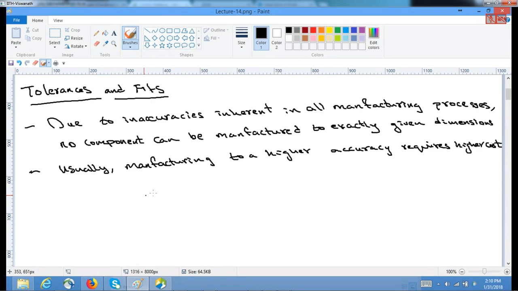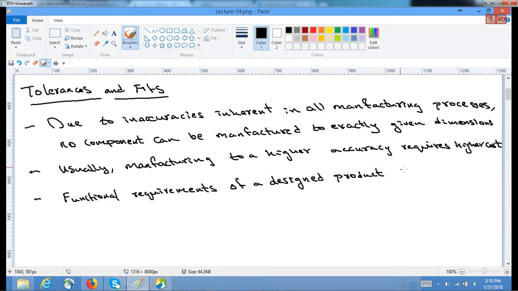So for that, first we need to write functional requirements of a designed product. They do not demand exact dimensions.